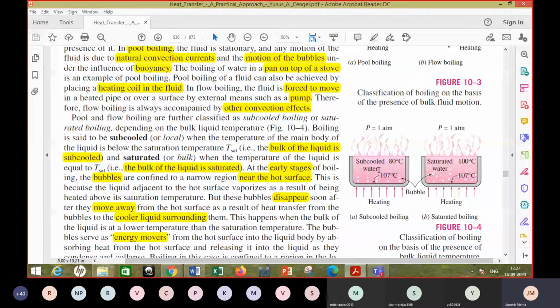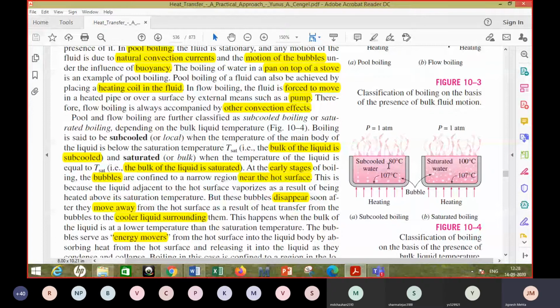reached 100 degrees Celsius. Okay, so there is a heat transfer continuously taking place, natural convective heat transfer, as well as locally the water temperature may reach beyond 100 degrees Celsius and bubbles are generated. But what you find is that those bubbles are generally not able to go out of the pool. What happens is that those bubbles get detached, but then they break inside this pool, finally giving away their heat of condensation to this water body. Right.